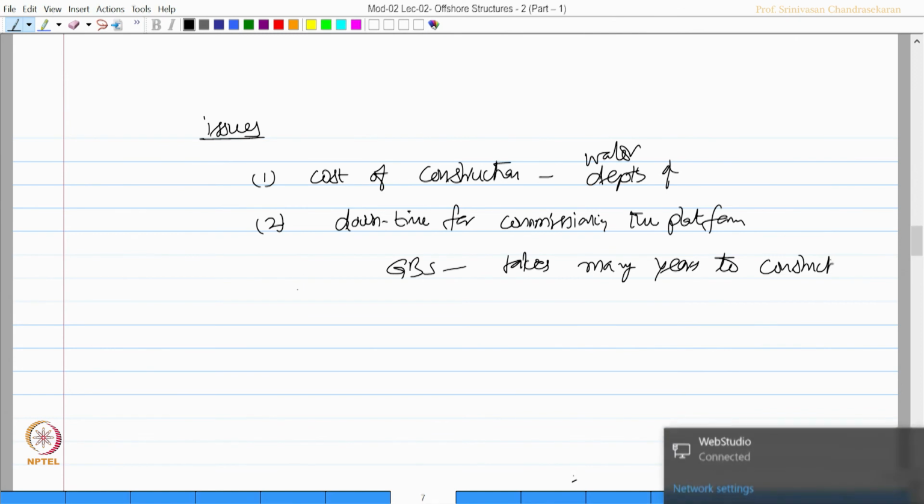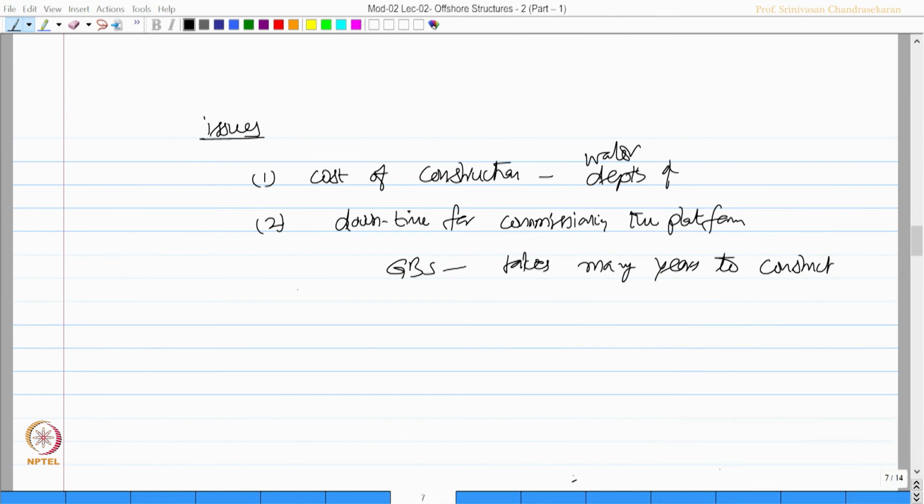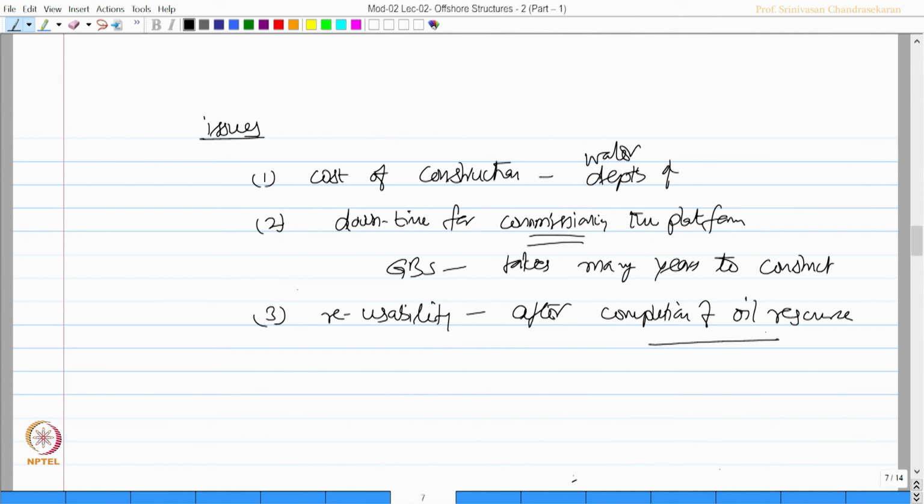So, it takes a lot of time to complete the construction and make the platform ready for oil exploration. And thirdly, reusability of the platform after completion of the oil source. So, this is an issue.